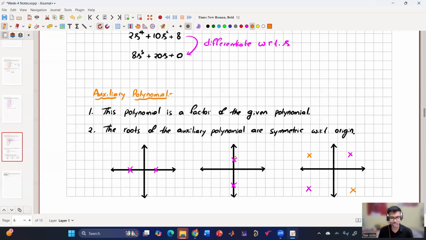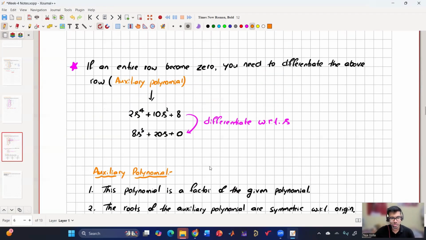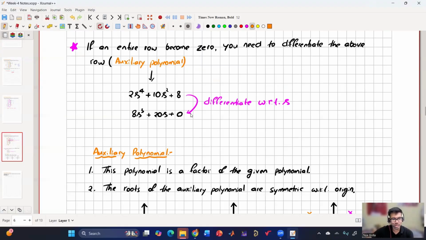So that we can also check in any problem where you get the auxiliary polynomial. So let us check. In this case, the auxiliary polynomial is 2 into s to the power 4 plus 10s square plus 8, right? So if we equate it to 0, then let us calculate the roots. So we'll have 2 into s to the power 4 plus 5s square plus 4 equals to 0. So can we factorize this?